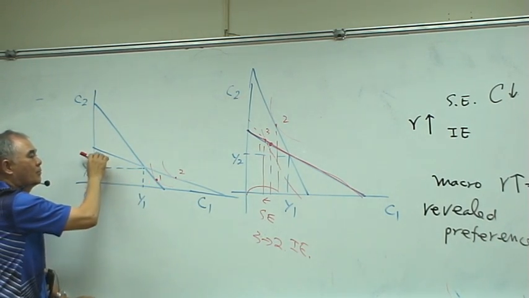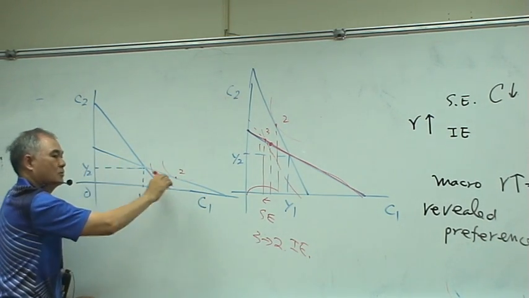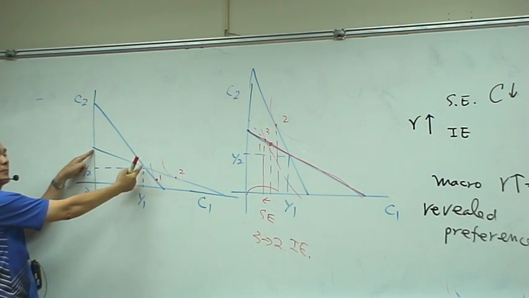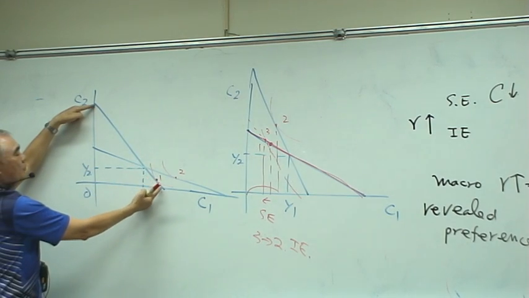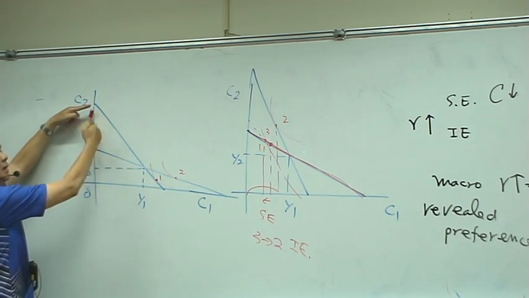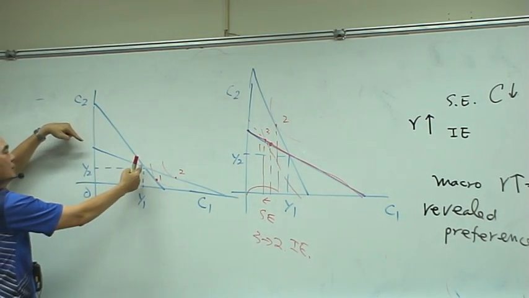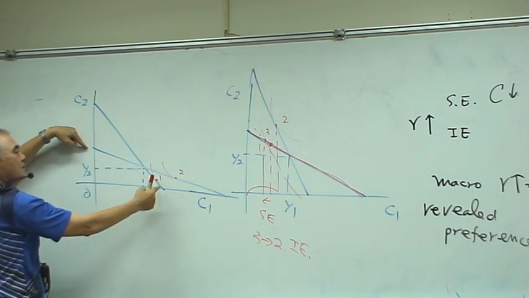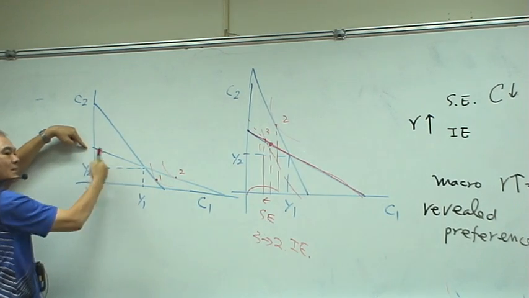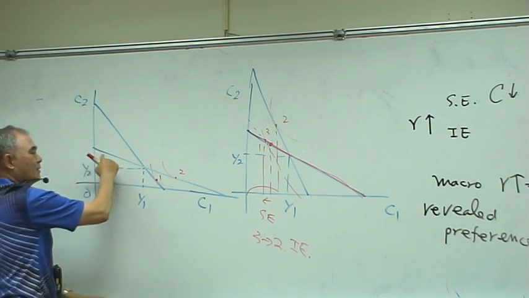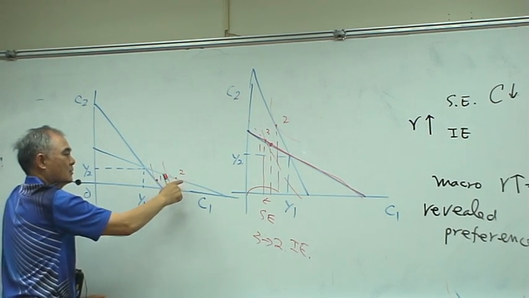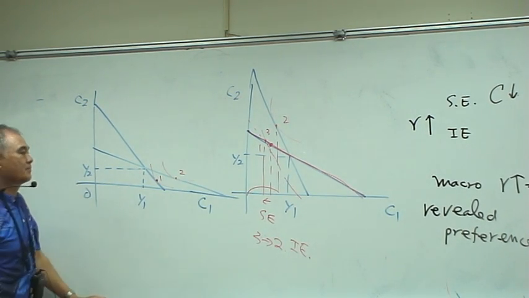And so when the price turns this way, you look at this section. This section is within this area. And so what does that mean? You will never choose this, because when the price is like this, you don't choose this section. And so when the price looks like that, you will always move out.